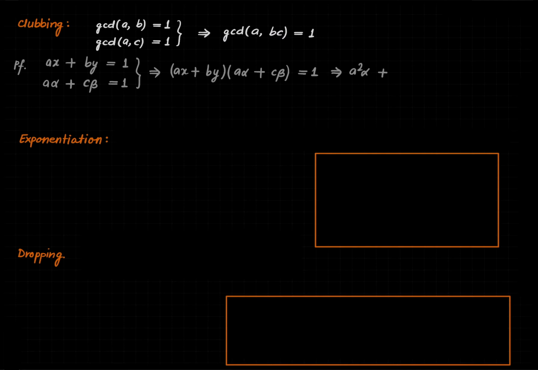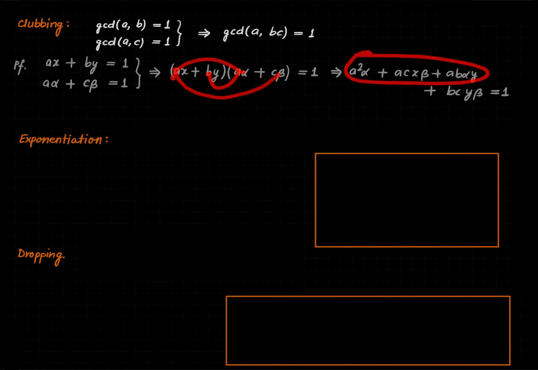A square alpha plus ACX beta plus AB alpha y plus BC beta y. This is equal to 1. So what happened? This multiplied by that multiplied by that, and this multiplied by that. Those three terms are written over here, and the last term is written over here.